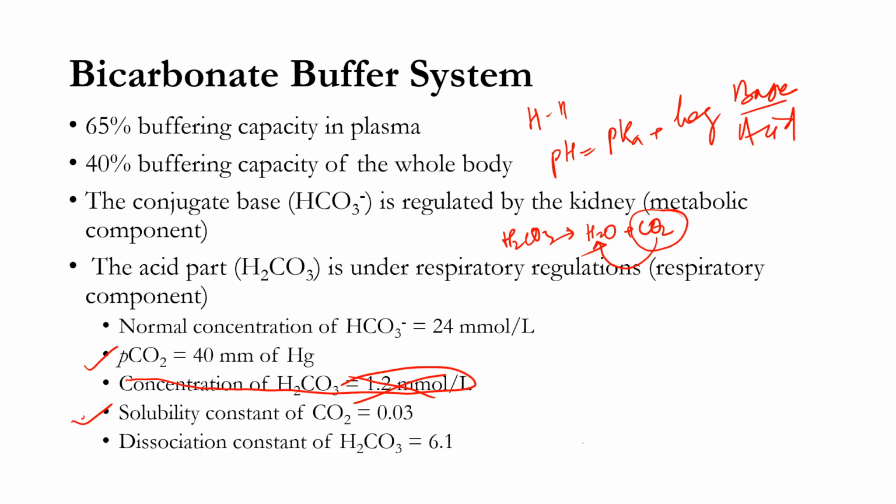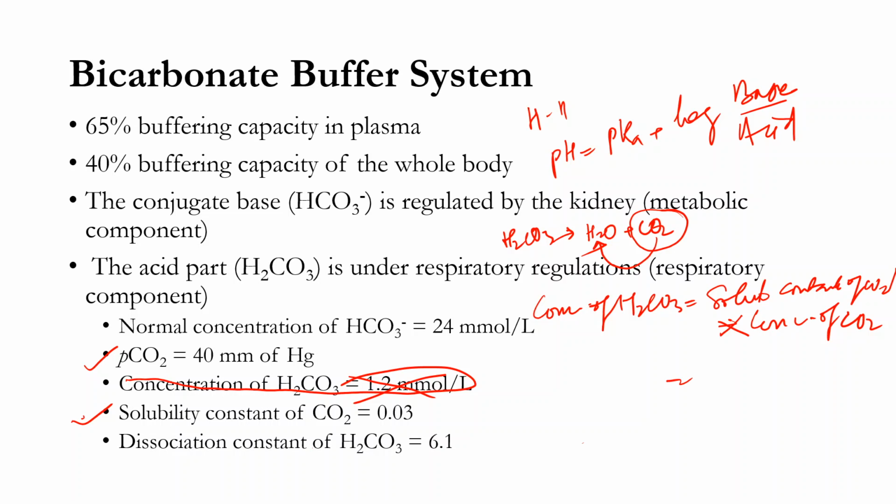So the concentration of carbonic acid equals the solubility constant of carbon dioxide, how much it is soluble, multiplied by the concentration of carbon dioxide.